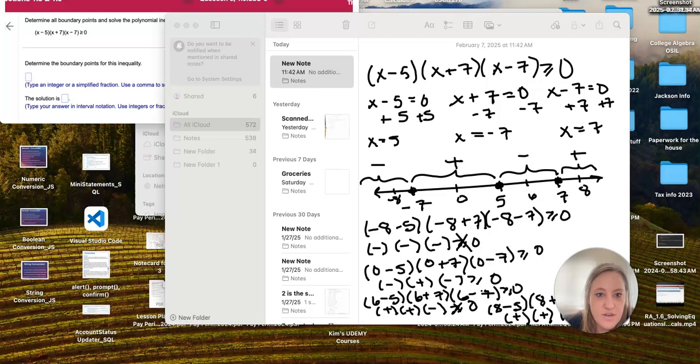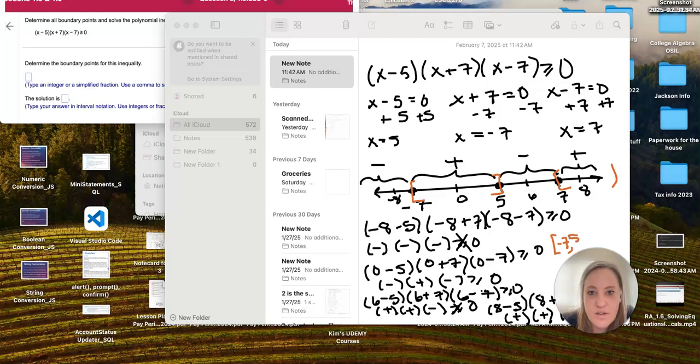So therefore, let's change colors here. Do this color. So therefore, for our solution, it is going to be this interval to this interval using brackets, and then this interval to infinity. Infinity is always represented with parentheses, so you don't ever have to worry about that one needing brackets. And so our final solution, though it's kind of squished in here, will be negative 7 to positive 5, both in brackets.